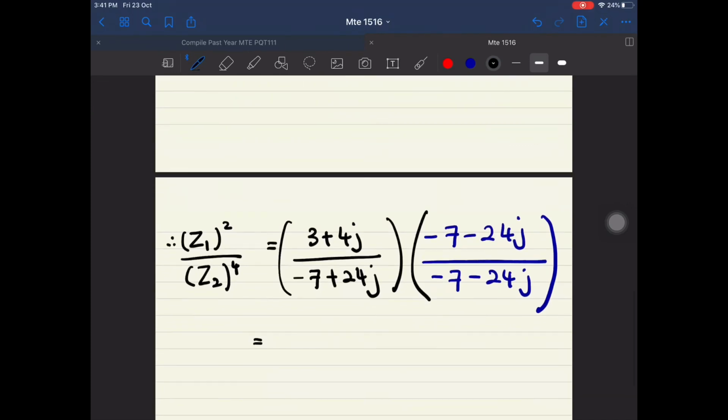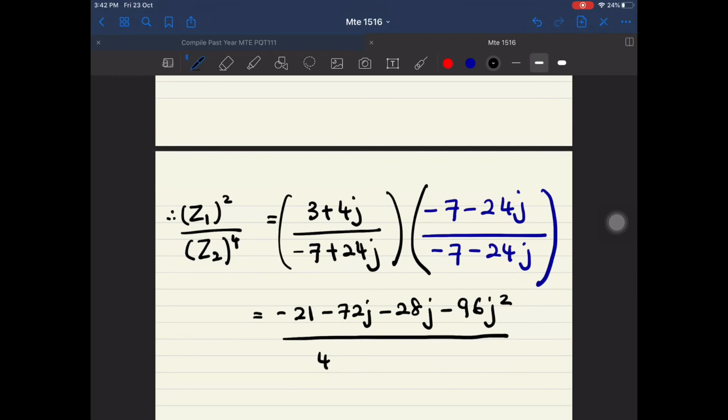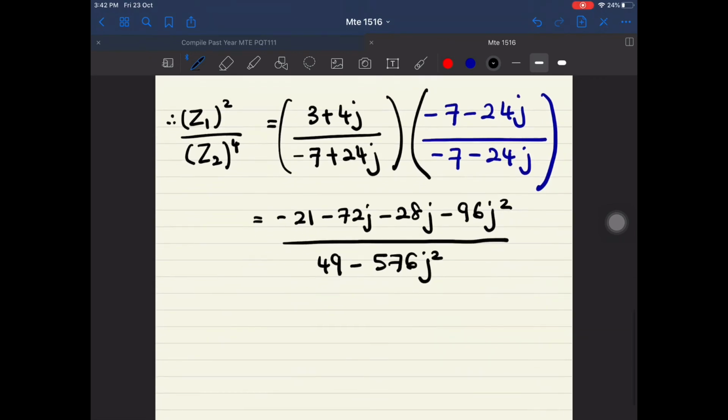So therefore you will have -21 minus 72j minus 28j minus 96j squared over 49 minus 576j squared.